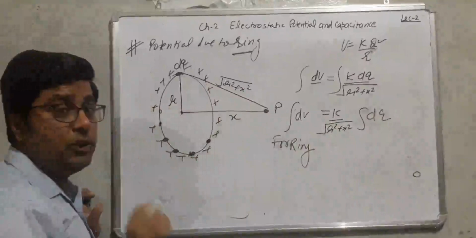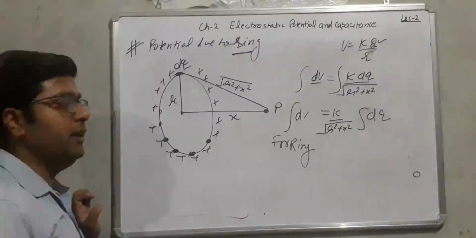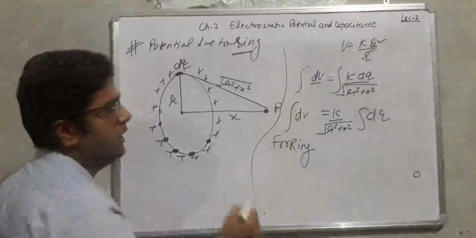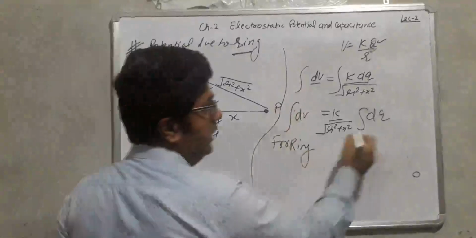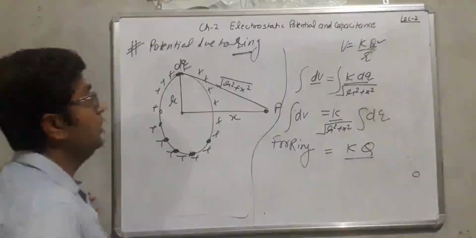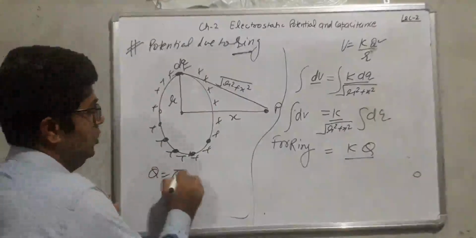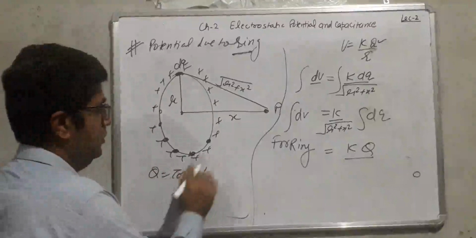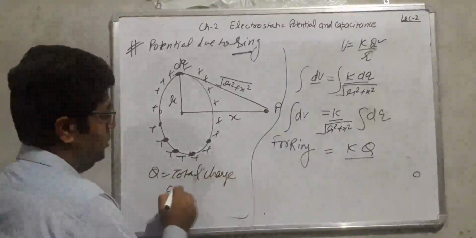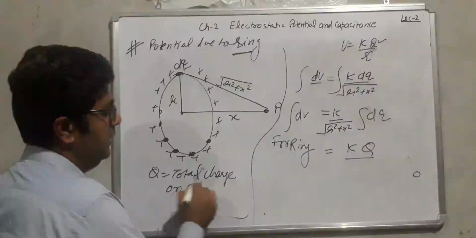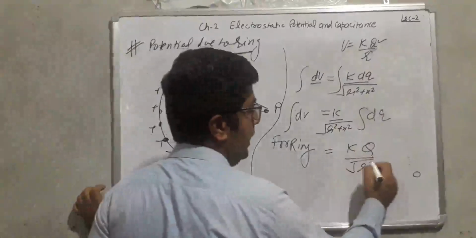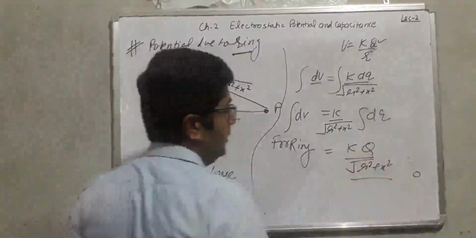Because our potential is a scalar quantity, it's not necessary to make components over here and then solve. So we can directly solve it. For the ring, it becomes kq, where q is the total charge on the ring. So it is kq by root of r square plus x square.